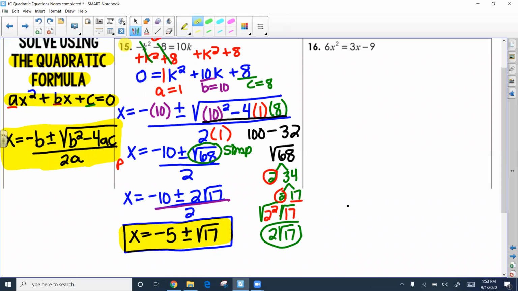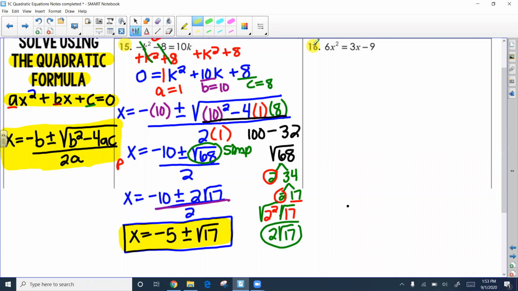Let's do another one. So let's write down 16 in our notes. All right, so write down 16. 6x squared equals 3x minus 9. 6x squared equals 3x minus 9.